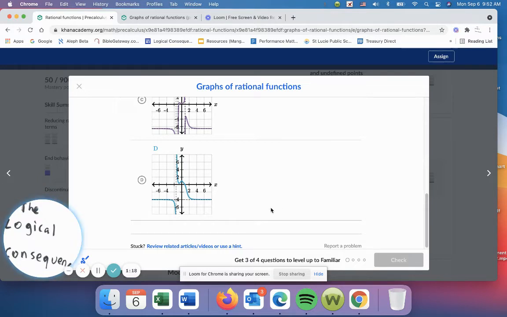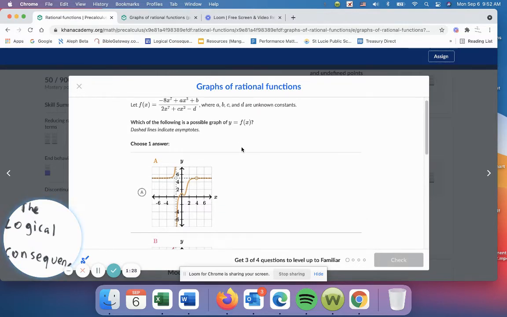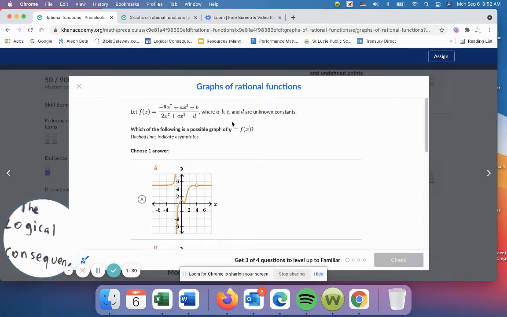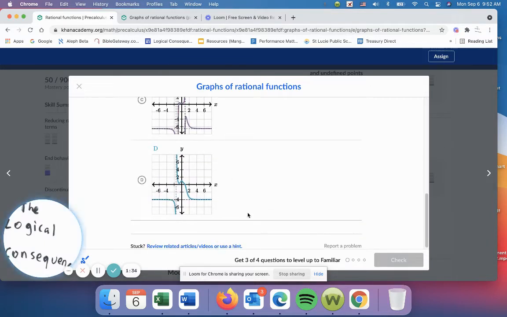But if you just click on the hints, it takes you directly to what you need to know. So for this particular one, the focus is on horizontal asymptotes. It doesn't say that in the problem, but if you go to the hint, that's exactly what they discuss.